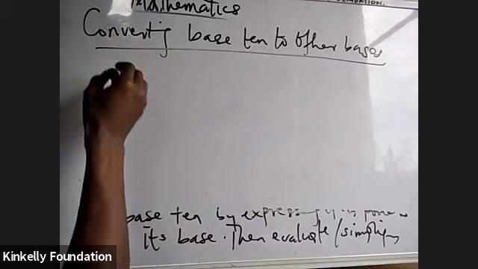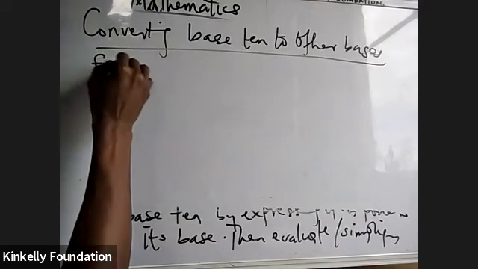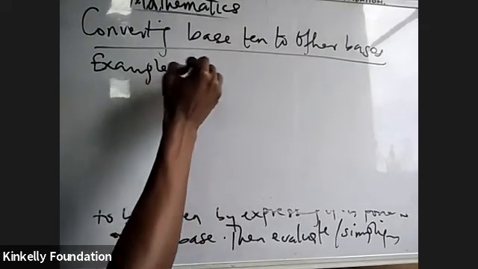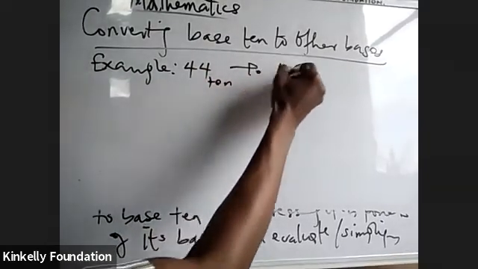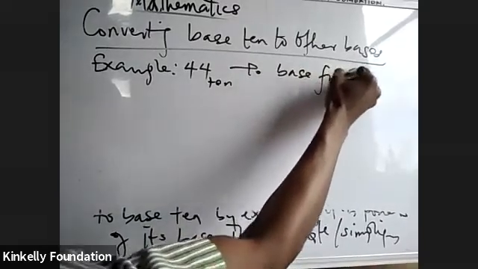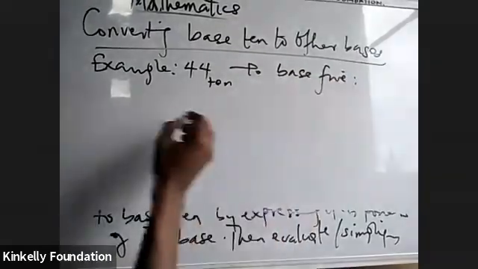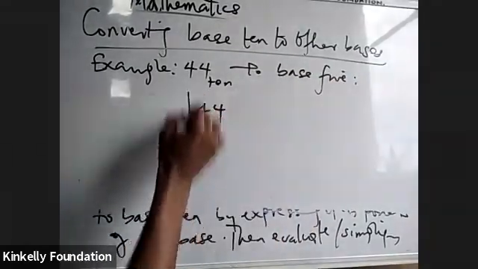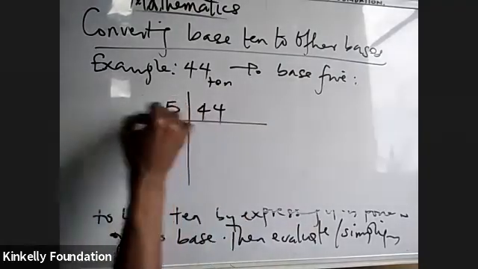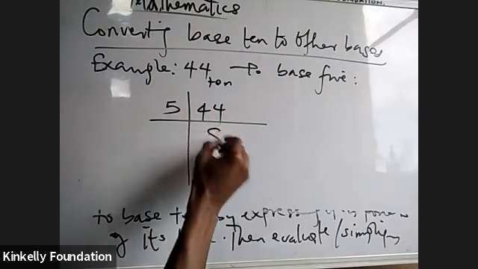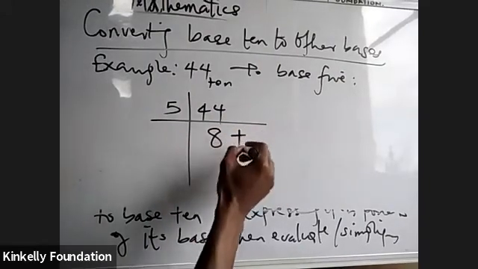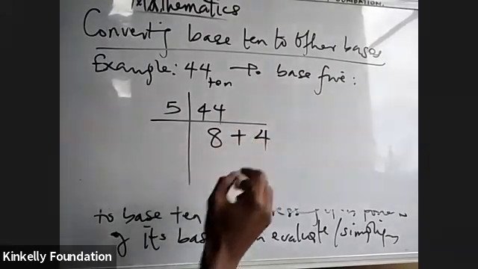So look at it here, like that example, 44 base 10 to base 5. You have 44. You keep dividing with 5. 5 into 44, 5 times 8 is 40, remaining 4.